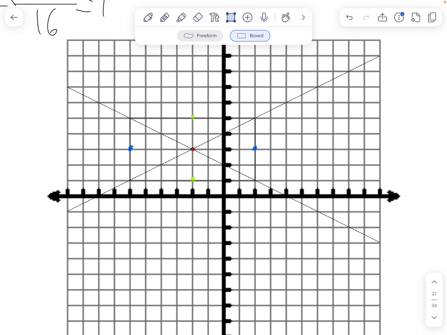Okay, and now for the drawing, since this is a vertical hyperbola.